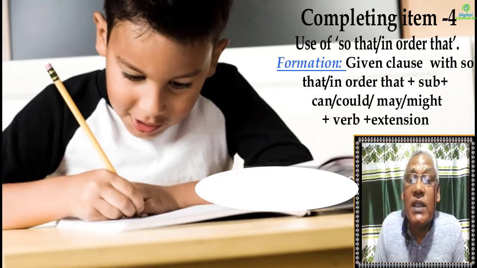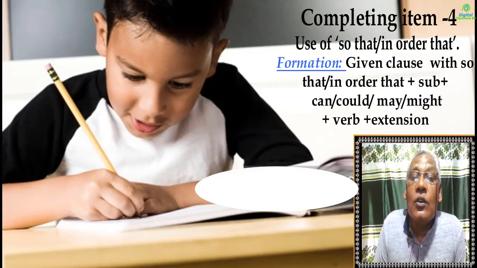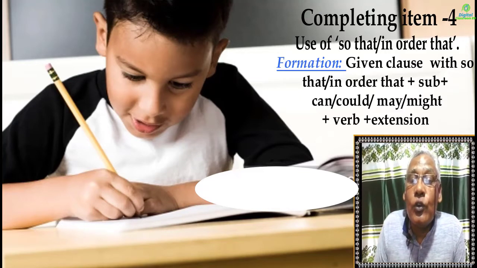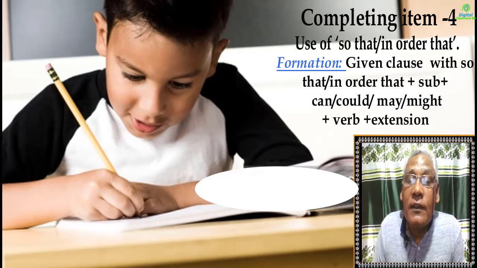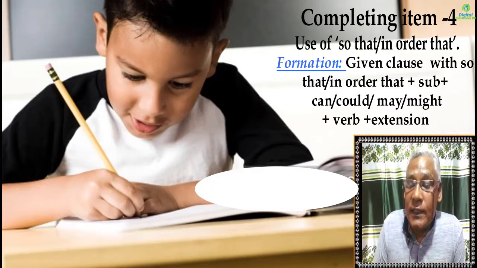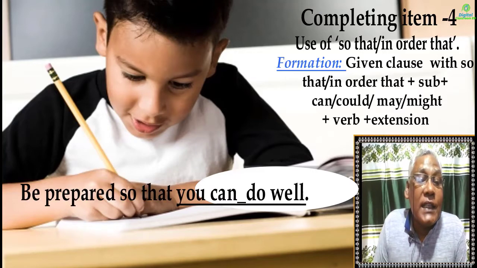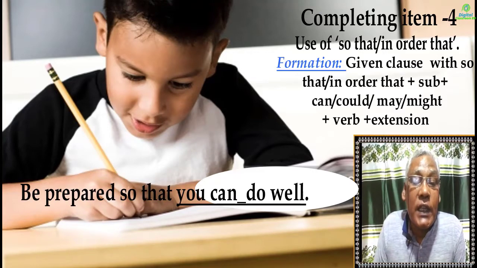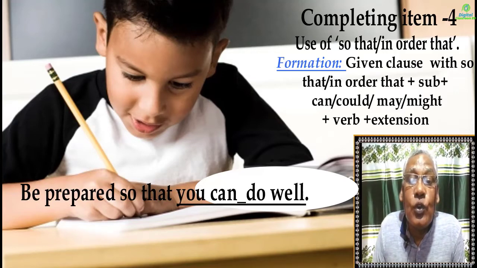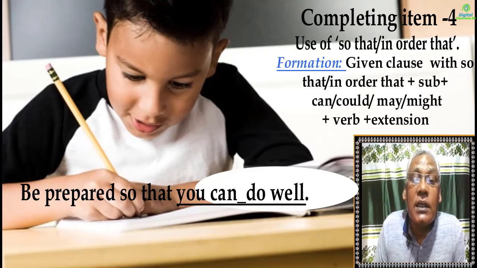So what is the formation? Given clause with so that or in order that plus subject plus can, could, may, might plus verb plus extension. Okay, so look at the sentence. Be prepared so that you can do well. Have you noticed the formation?